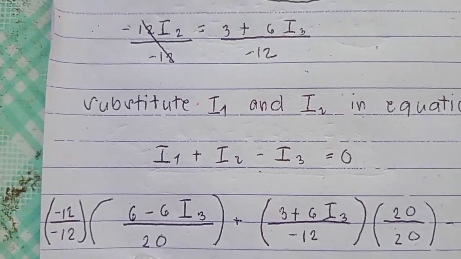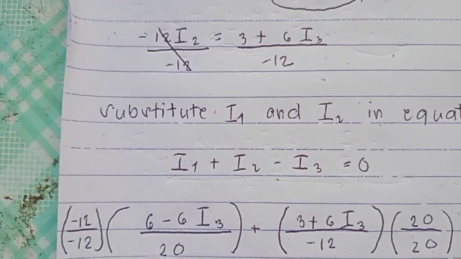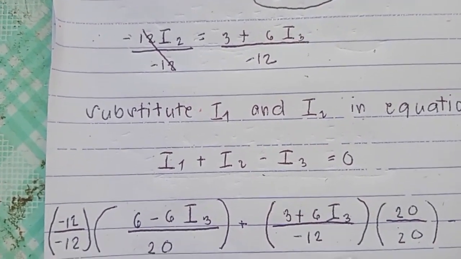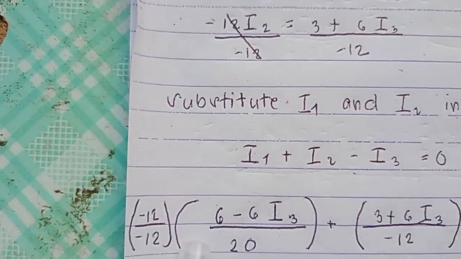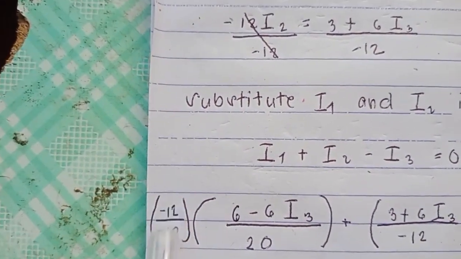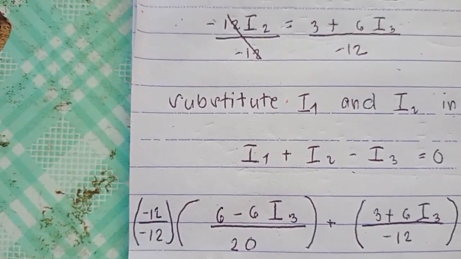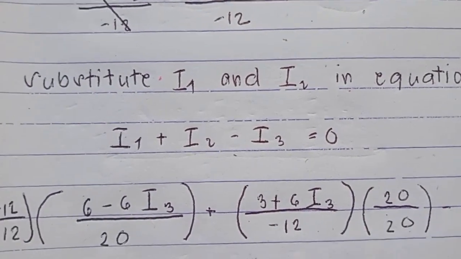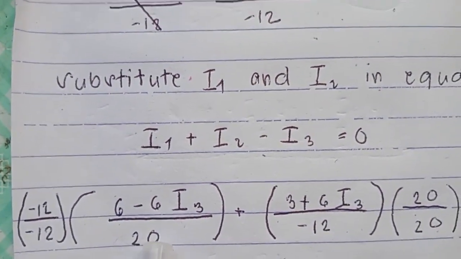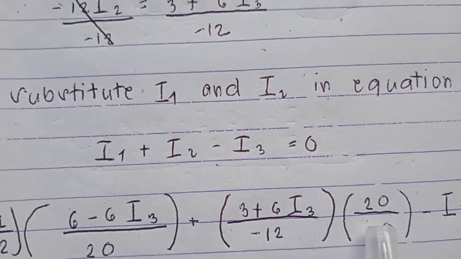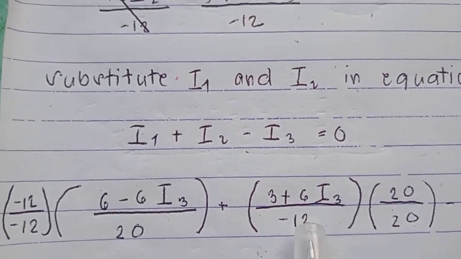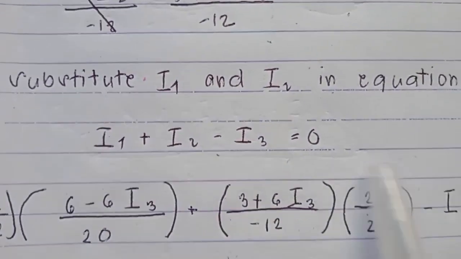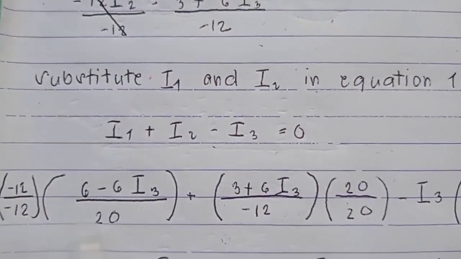To transform 20 into something that is similar to the other side, we must multiply this equation by 12. As for the other side, this time we will use 20 because the denominator here is 20. So we must multiply this equation by 20, in order for them to have the same denominator.